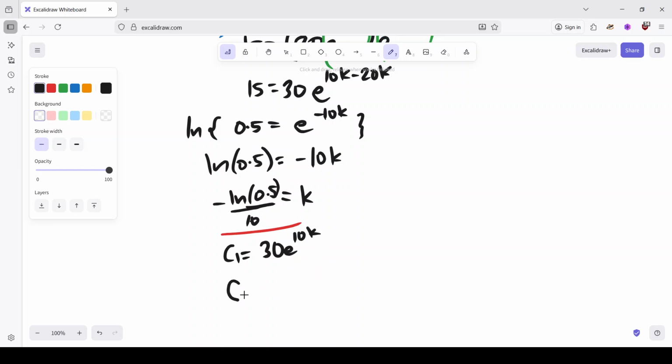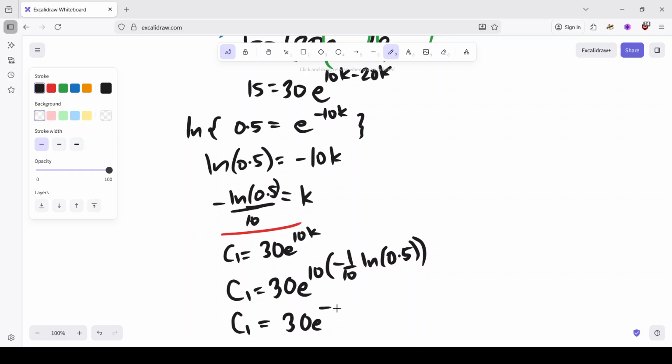So c1 is equal to 30 e raised to 10k, then 10k will be negative 1 over 10 ln of 0.5. In this case, negative 10 and 10 will cancel out, so we will be left with c1 is equal to 30 e raised to negative ln of 0.5.